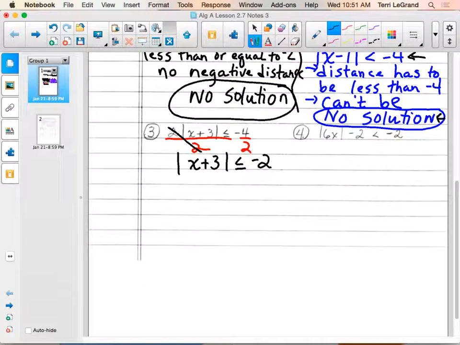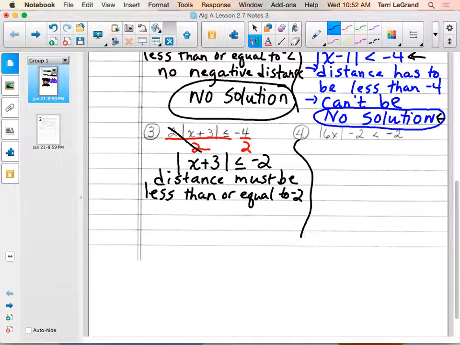Okay, but what you're trying to do, Cody, is take it and set it up as if we could solve it already. We're at the point where we have to ask ourselves, can we solve this? Should we set up an and compound inequality? Should we set up an or compound inequality, or is this a special case? It's a special case. And when it's a special case, we're going to say, oh, this says that distance must be less than or equal to negative 2.